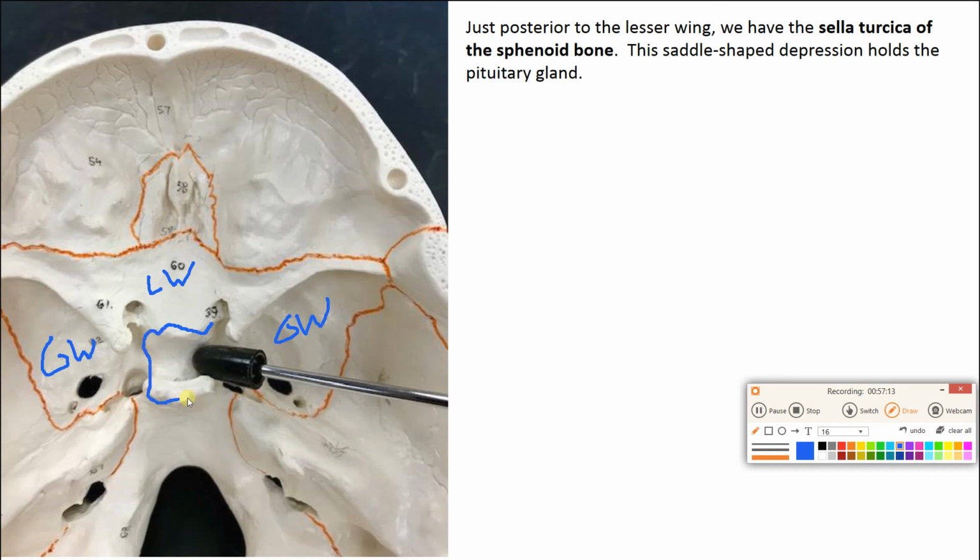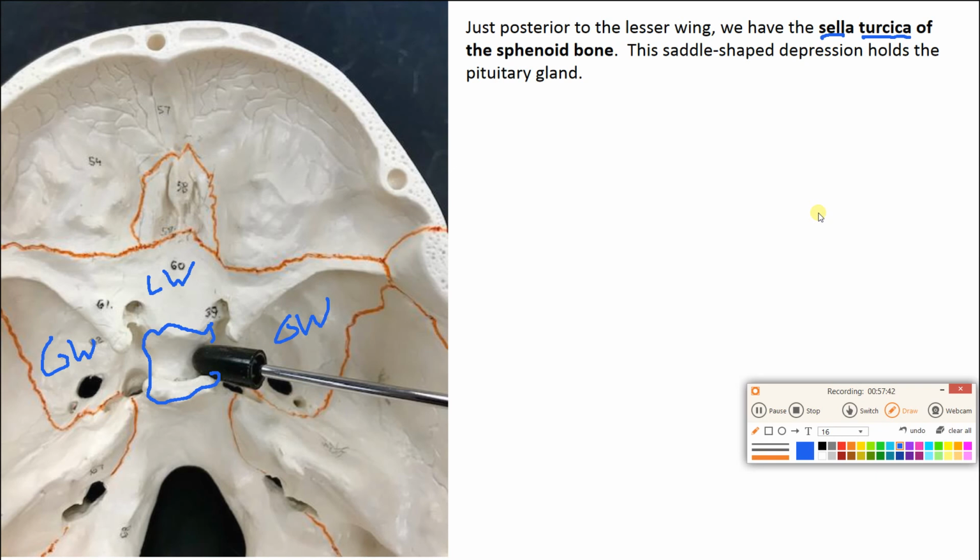This saddle is called the sella turcica. Sella means saddle. Sorry, I said salad earlier; I'm getting hungry. Turcica means Turkish. I don't know how many of you ride horses, but there are Turkish saddles versus English saddles, and someone thought this thing looked like a Turkish saddle.